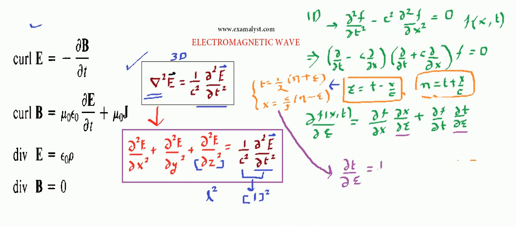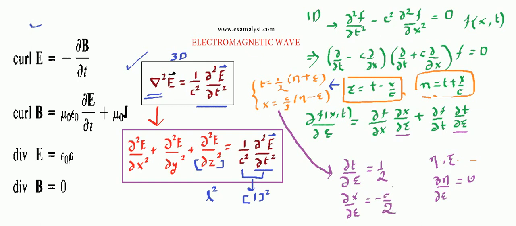You just do d by d epsilon, and remember that since eta and epsilon are independent variables, any derivative of the form d eta by d epsilon is going to be 0 because they are independent of each other. Similarly, what will happen if I do del x by del epsilon? If you take a close look, you will get the answer as minus c by 2.